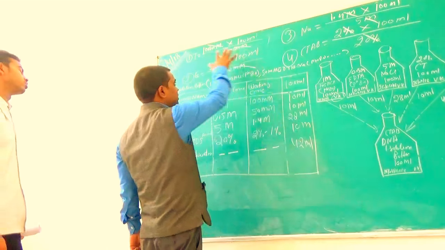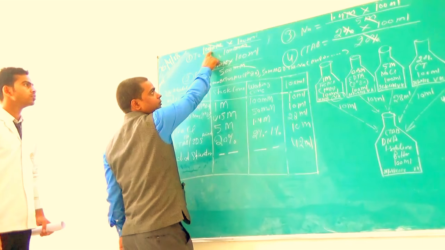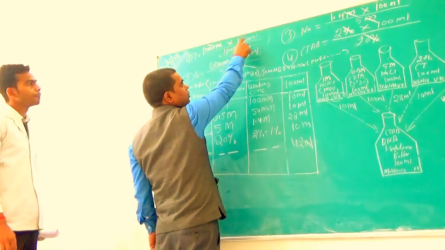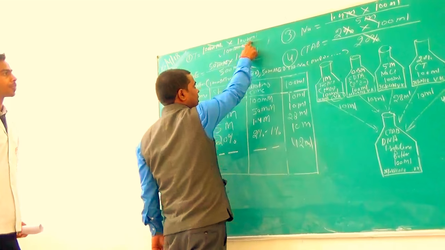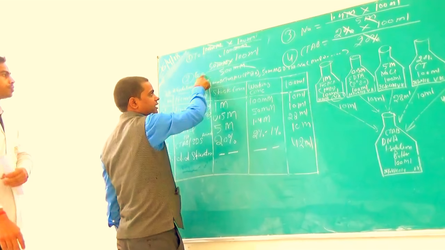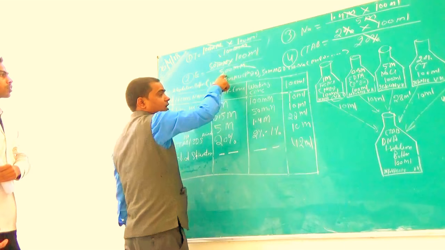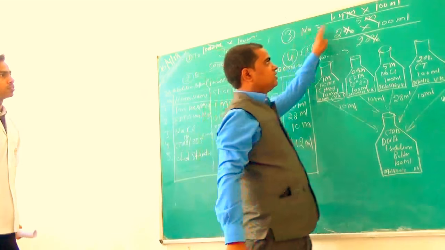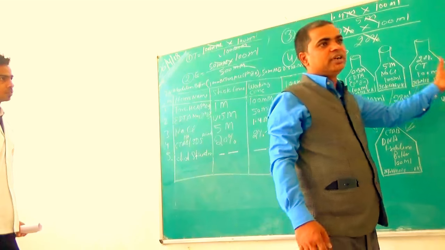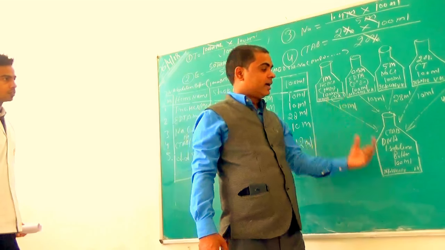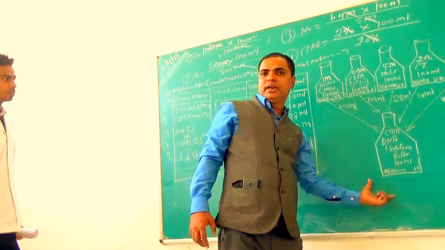On the basis of this, the calculation method is: working 100 millimolar into 100 ml upon 1000 millimolar for Tris, 50 millimolar into 100 ml upon 500 millimolar for EDTA, and like that NaCl and CTAB are calculated. This bottle is just a representative of the stock solutions, and this bottle is our final preparation of DNA isolation solution.